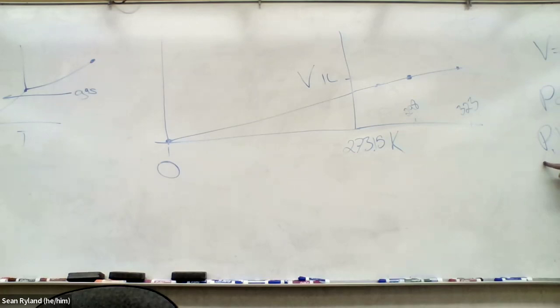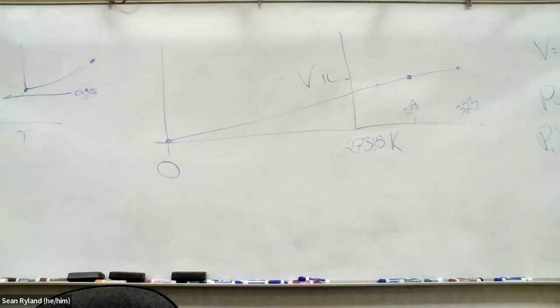So if your pressure changes, your volume changes. If you know your initial pressure and volume, and then you change your pressure, you can calculate your volume. This is called Boyle's law: P1 V1 equals P2 V2.